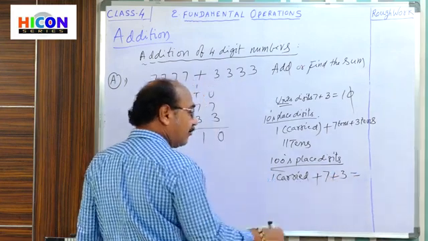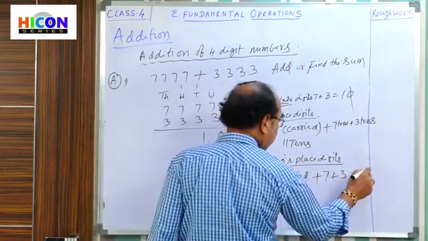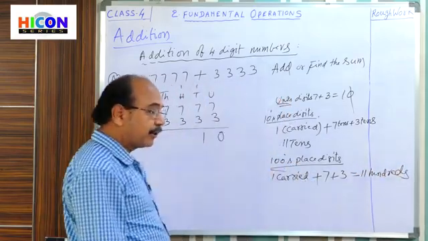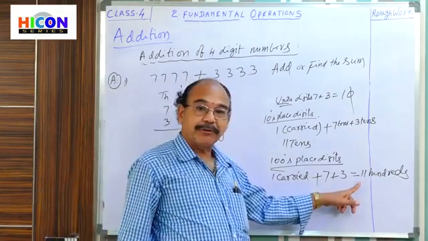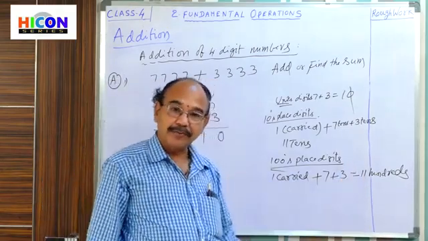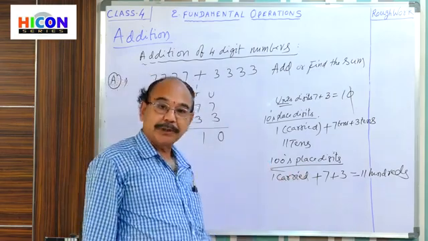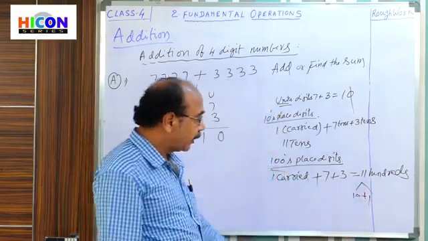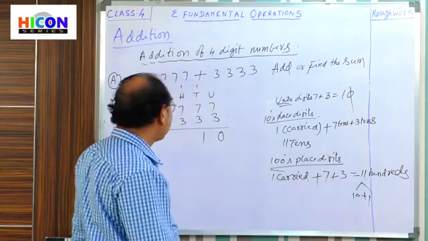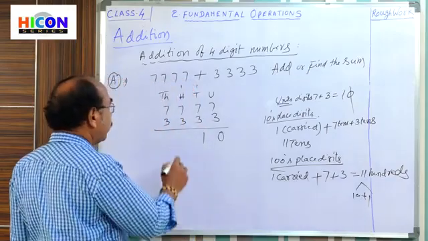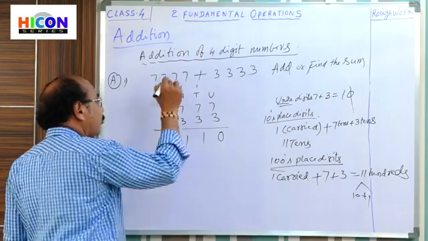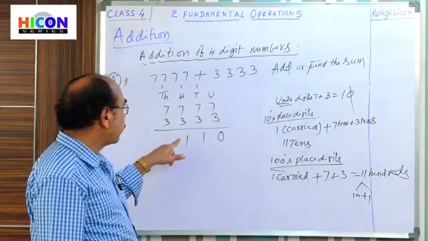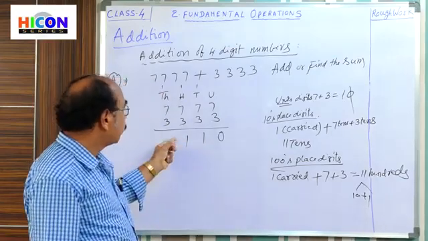Finally 1100s are there. 1100s means 10 hundreds plus 100. 10 hundreds make 1000. In this, 10 plus 1, 11 hundreds are there. That's why 1 we write here, carried 1000, and 1 we write here.